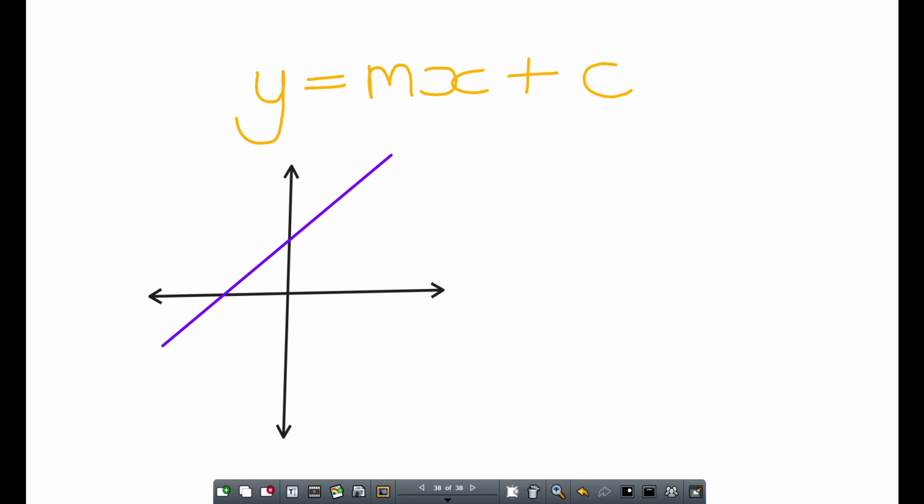And I'm saying it cuts here at minus 2 and it cuts there at 4. This is the first example. And I am asking you to determine the equation.